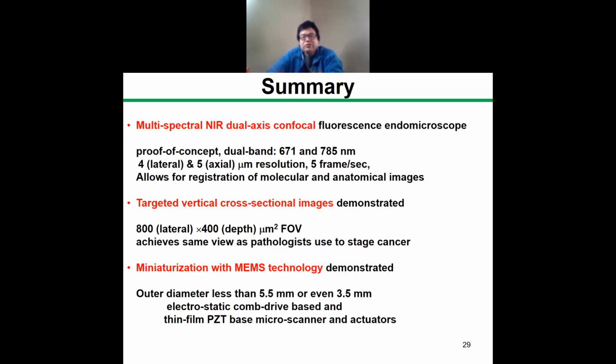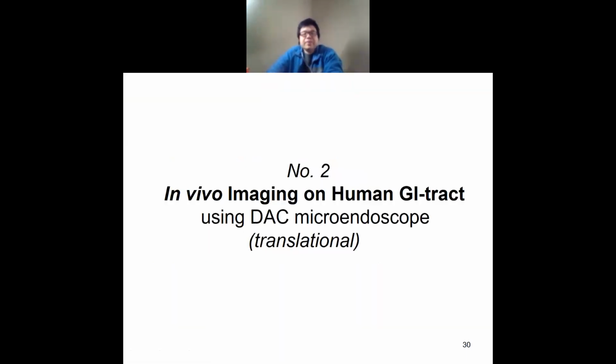And also MEMS technology, we try to develop different kinds of micro actuators, sensors, and scanners based on the electrostatic working principle or thin film piezo working principle, and also electrothermal, for example, vanadium dioxide. I will cover that content in the next sections.